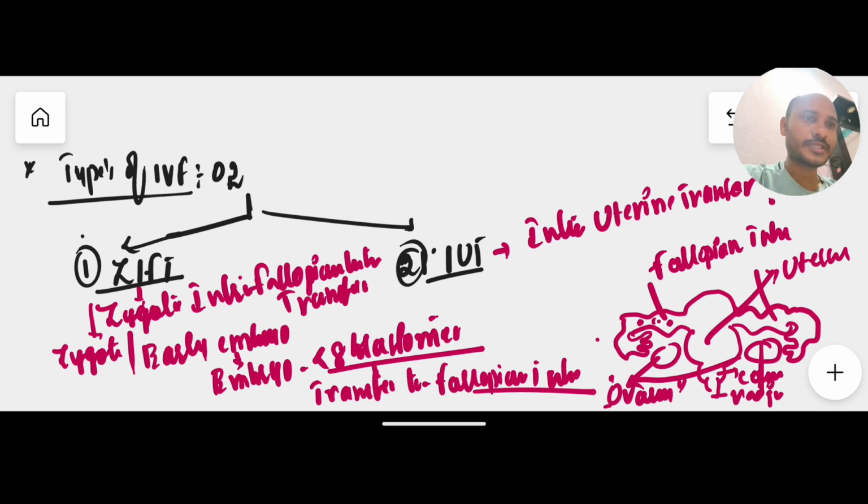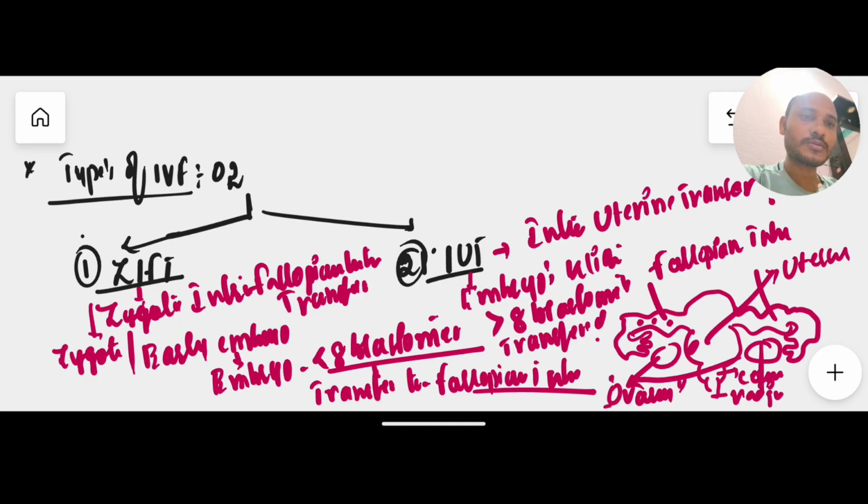So later this embryo attaches to the uterus. That is the process that will occur in ZIFT. Now coming to intrauterine transfer, here the formed embryos, embryos with more than 8 blastomeres, are transferred to the uterus.